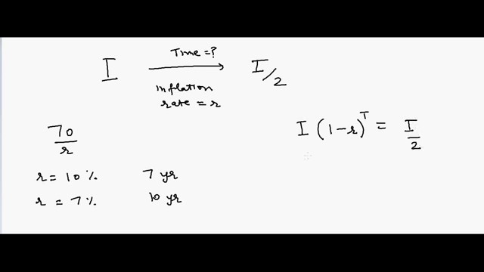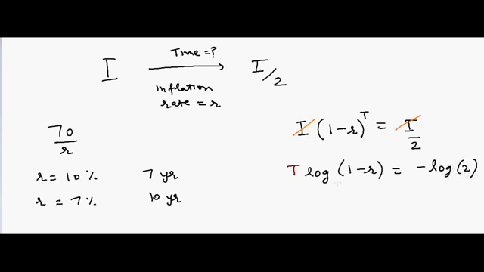If we solve this equation, the I cancels out, and we have t times log of (1 minus r) equal to minus log of 2.